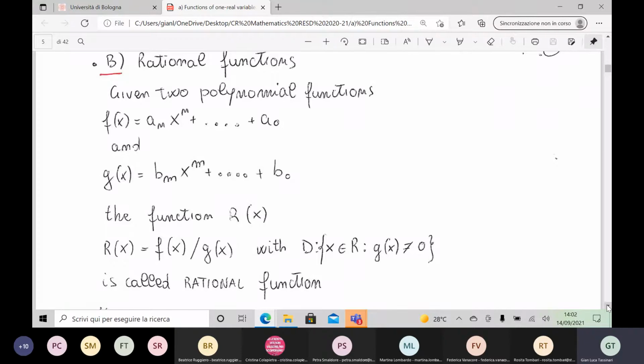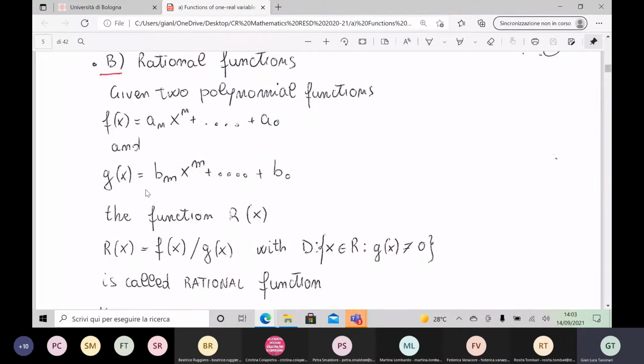So given 2 polynomial functions, one is this one, f of x. What is it, guys? This is a polynomial function of order n. And another polynomial function, bm times x^m plus b(m-1) times x^(m-1), etc., plus b0. So this is a polynomial function of order n, because n is the highest degree of x in f of x.